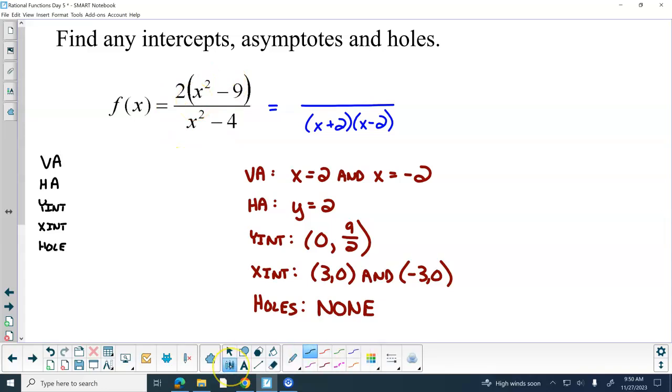X-intercepts, I take the numerator and I set it equal to 0. Well, it factors to be that, so it's got to be positive 3 and -3 to make those be 0. And there's no common factor, so nothing cancels out. Okay? Questions, comments, concerns, clarifications?